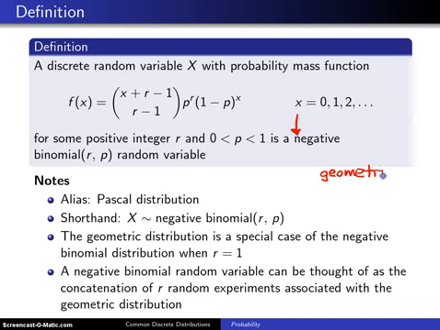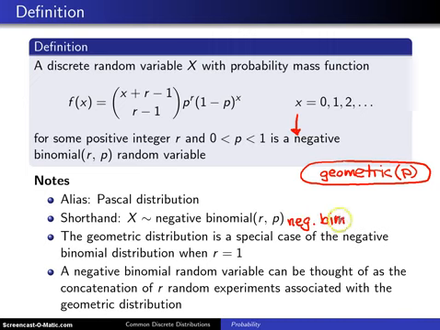If you want to draw a little diagram that illustrates these last 2 bullet points, here is a geometric random variable with parameter p. I'll put a circle around here, and here is a, I'll have to abbreviate, negative binomial random variables with parameters r and p. So there is that distribution. If you look at a negative binomial distribution and look at the special case associated with r equals 1, that is geometric.